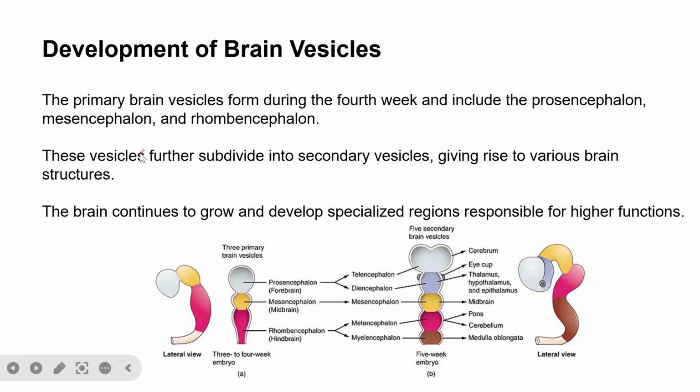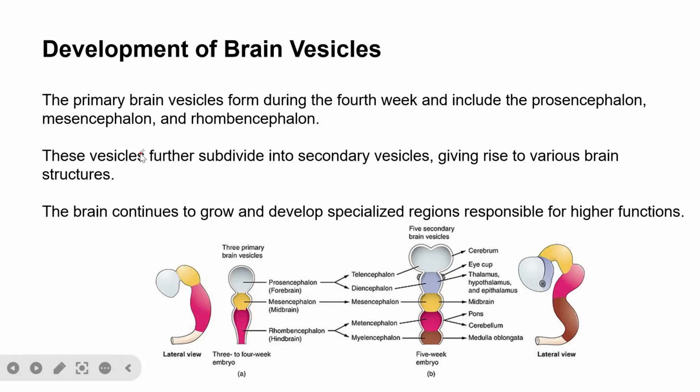So then the next thing is the development of brain vesicles, which I explained earlier. The primary brain vesicles are formed during the fourth week of embryogenesis, and they include the prosencephalon, mesencephalon, and rhombencephalon. And these vesicles will further subdivide into secondary vesicles, giving rise to various brain structures as we discussed: cerebrum, eye cup, thalamus, hypothalamus, and epithalamus.